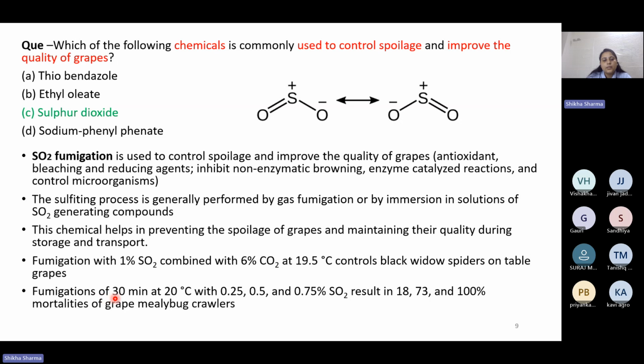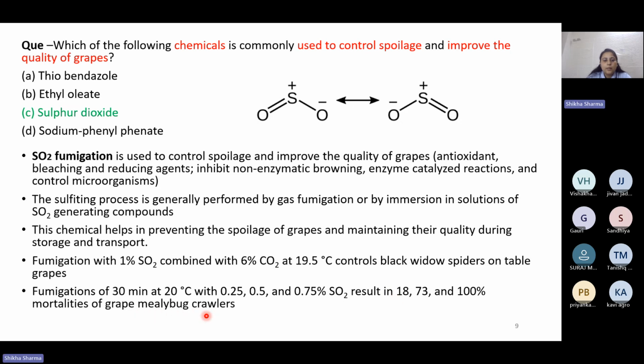Another example is fumigation at 20 degrees Celsius for 3 months with 0.25, 0.5 and 0.75% SO2. When we are doing 0.25% SO2, there is 18% mortality, or 18% death, of this bug.